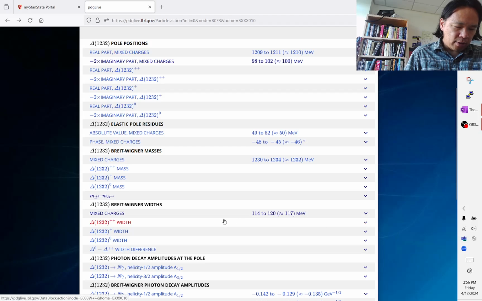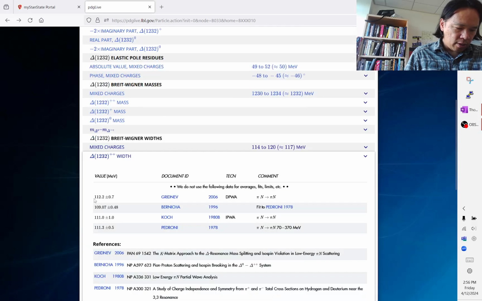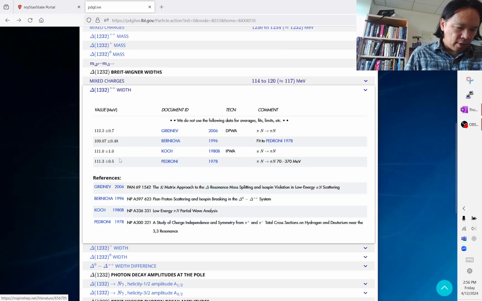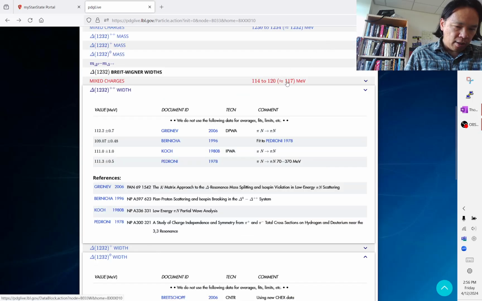But if I'm only interested in delta plus plus, it actually has a different width, 112 here. These are different experiments measuring these things, so if you want to get the number here, you should probably just average them. The delta 0 has a slightly different width, but all of them are hanging around 117.